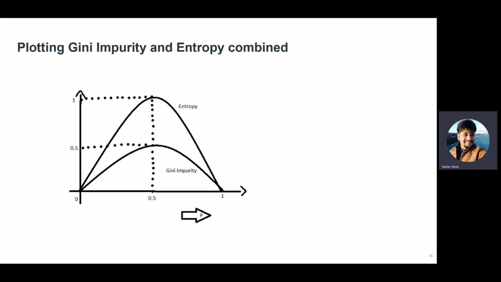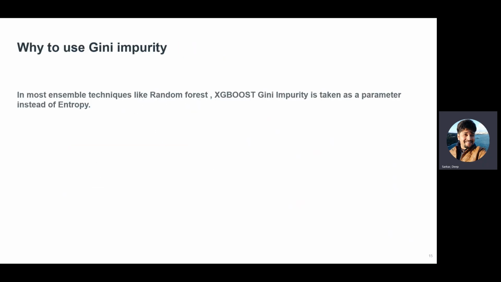You don't need to remember the exact formula, but make the interviewer understand that there is no logarithmic calculation in case of Gini impurity when you compare it with entropy.